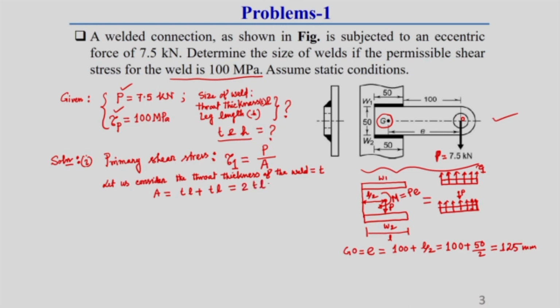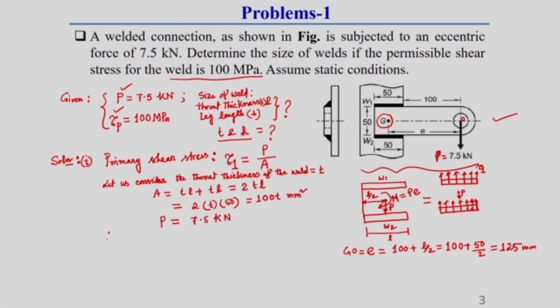So, this total throat cross sectional area we can get as 2 into t into L, where L is 50, so we can write 100 t. I am considering the dimension in terms of millimeter, so it will be millimeter square. Now, the applied force P is given as 7.5 kilonewton.